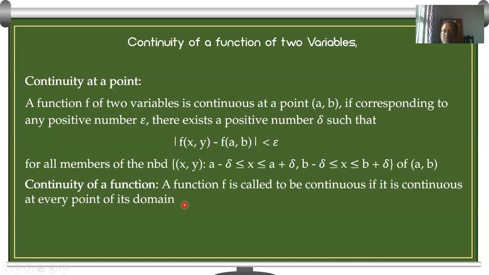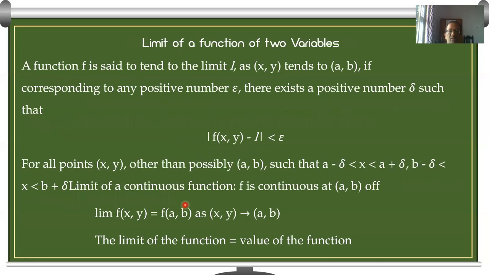For example, I am taking one simple example, f(x) equal to x square. It is a polynomial and its domain is capital R. In this domain, if the function is continuous at every real number, then we say the function is continuous over R.